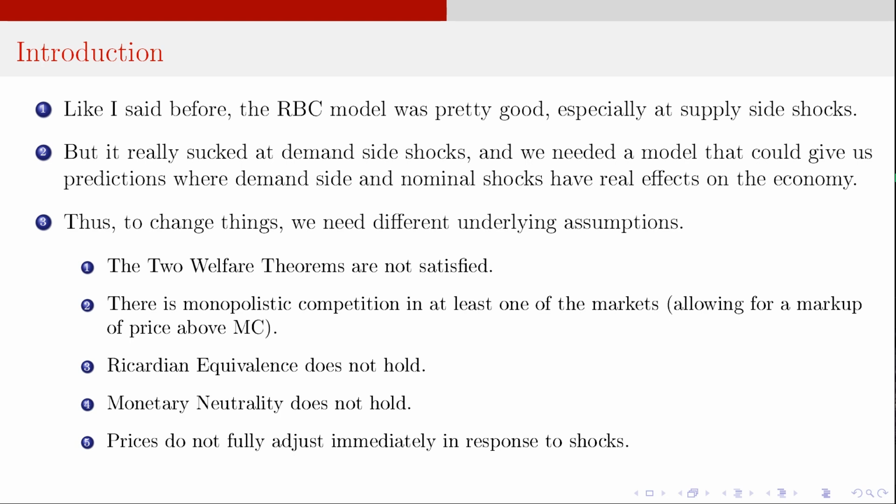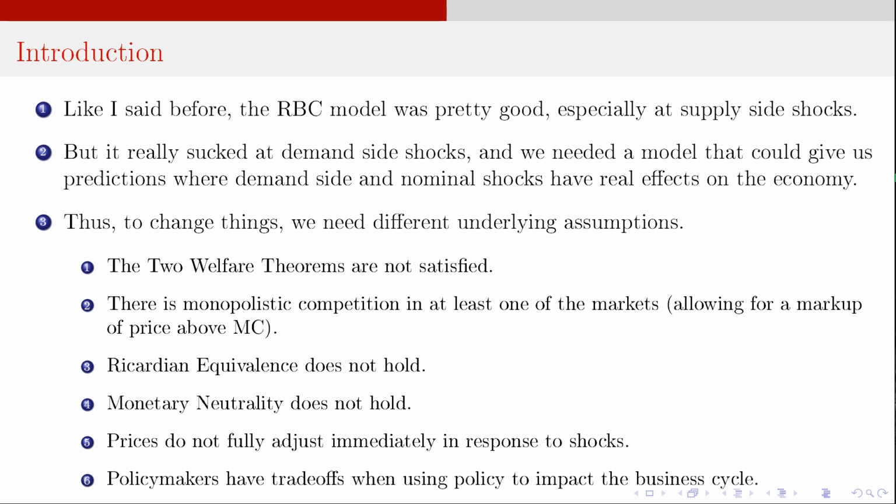And that's going to have a pretty substantial impact when there is a demand side shock. If prices can't fully adjust, that means output is going to have to adjust instead. Therefore, policymakers are going to be facing trade-offs when using policy to impact the business cycle.